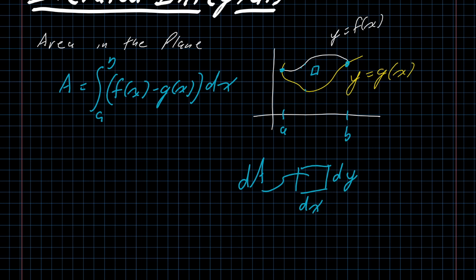But in general, my area of this region is the integral over the region of that little piece of area. And because area is a two-dimensional structure instead of just a line, as we're accustomed to dealing with integrals, we often put a double integral symbol.